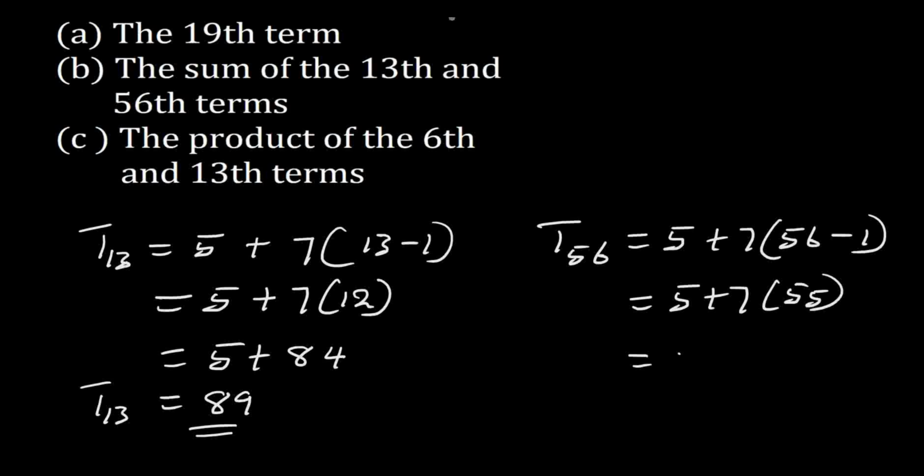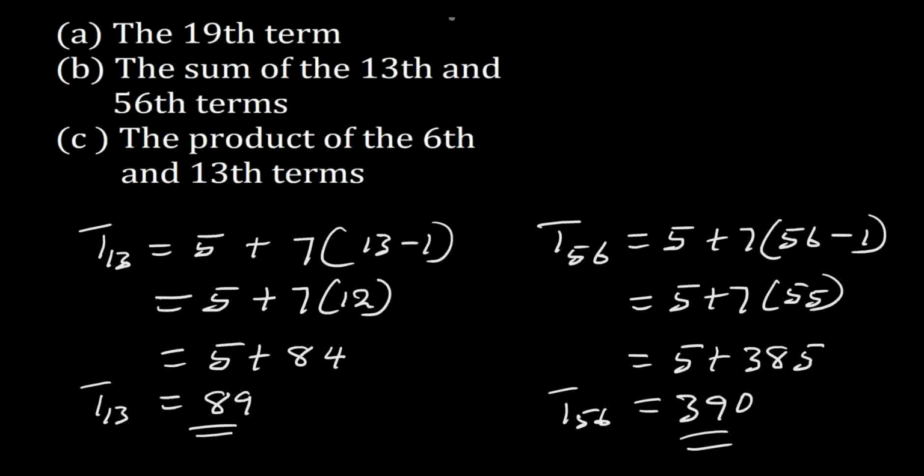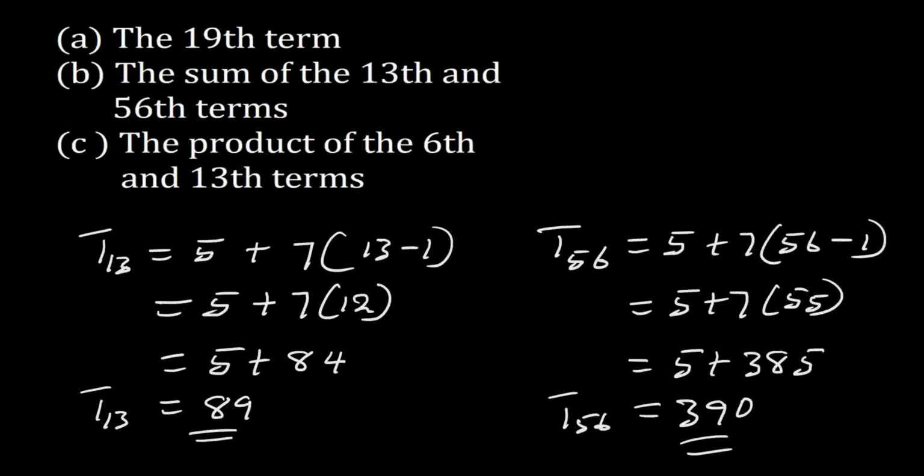So this will be equal to 5 plus 385, and 5 plus 385 is 390. So the 56th term is 390.